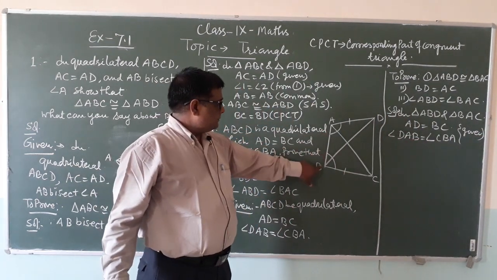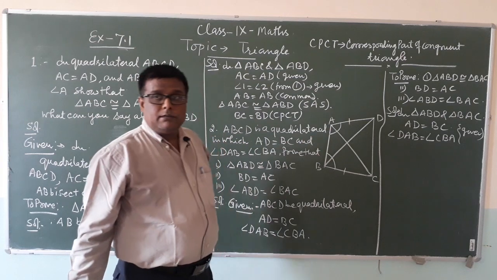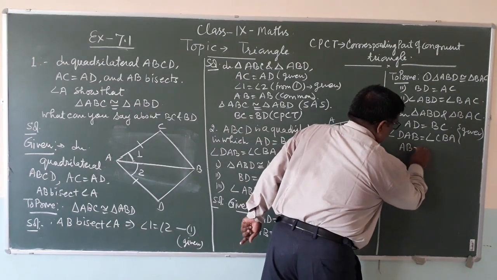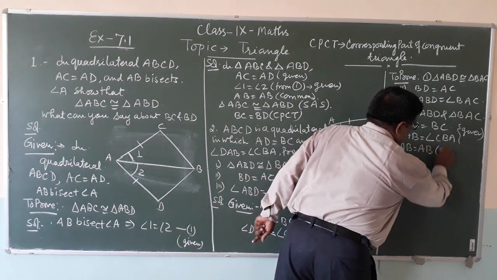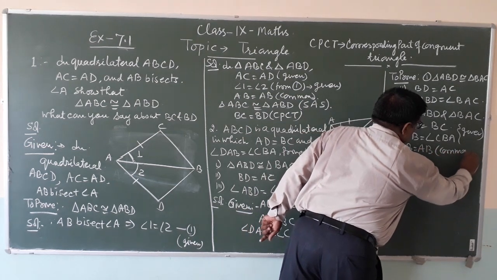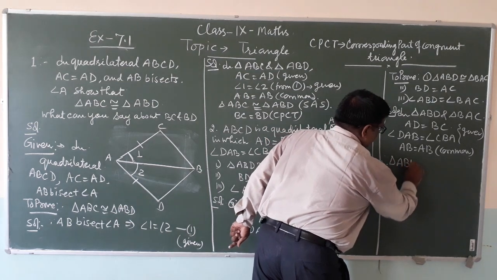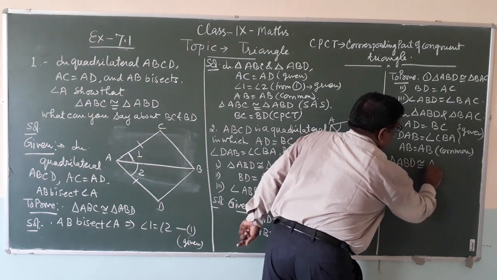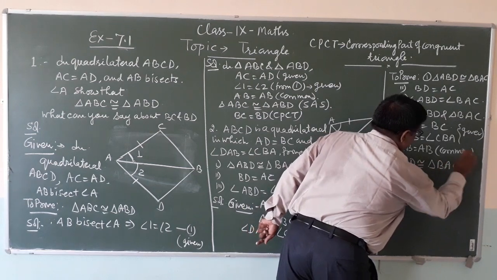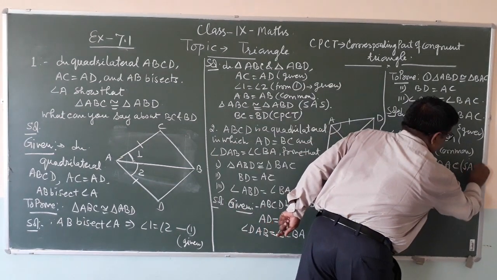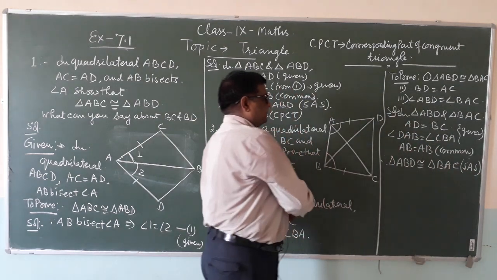That is AB. The side AB is common in both the triangles. So AB is equal to AB, this is common. Therefore, triangle ABD is congruent to triangle BAC. This is side angle side. So this criterion is known as side angle side.